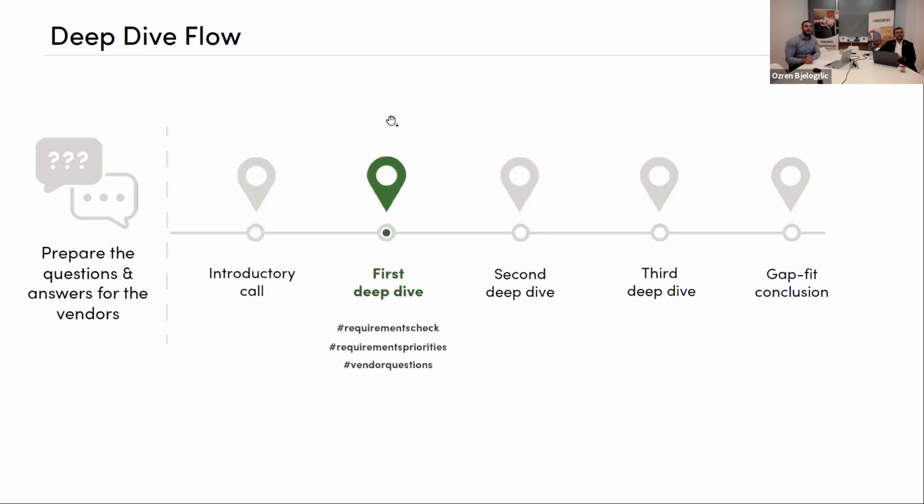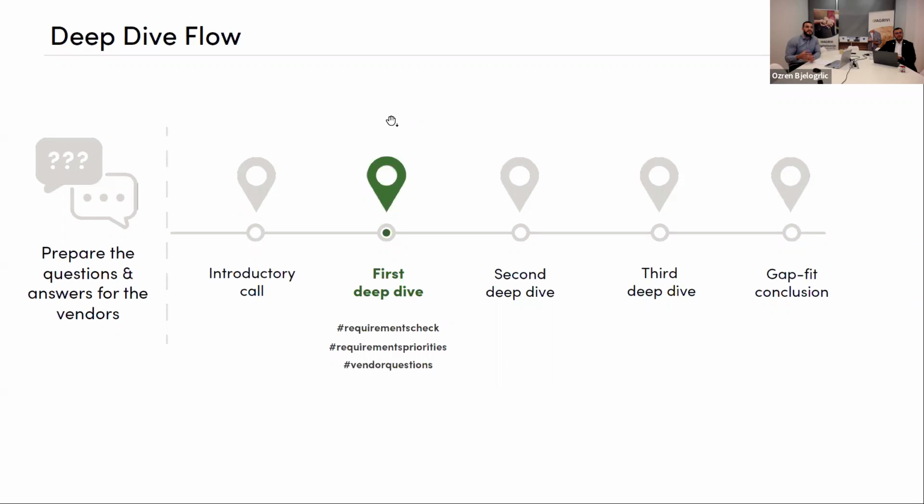Now, the next meeting is the first deep dive, as we say. This is the one where you discuss with the vendor the requirements checks, right, and requirement priorities. This is something that they're going to be heavily asking you about.